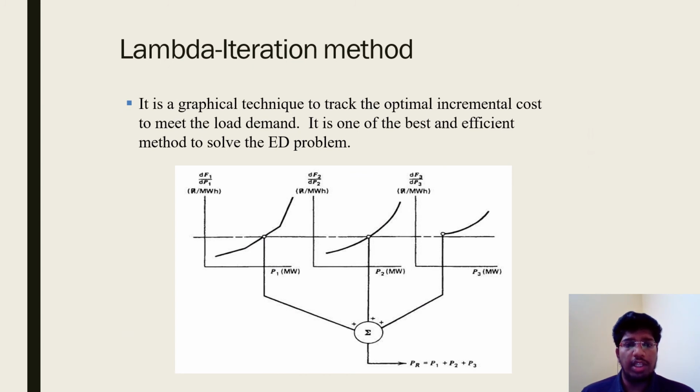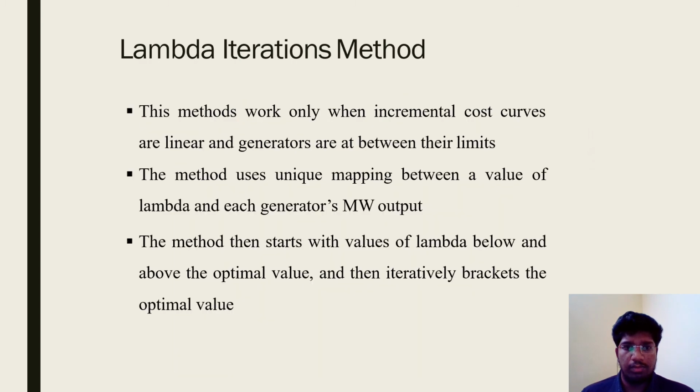Lambda iteration method. It is a graphical technique to track the optimal incremental cost to meet the load demand. It is one of the best and most effective methods to solve ED problems. This method works only when incremental cost curves are linear and generators are not at their limits.